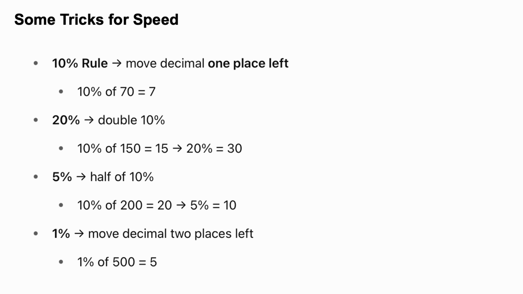Here are a few quick tricks to save time on test day. First, the 10% rule. Just move the decimal one place to the left. 10% of 70 means 7. Now if you need 20%, that is simply double the 10% value. So 10% of 150 is 15, so 20% will be double the value of 15, so 30. 5% is half of the 10%.